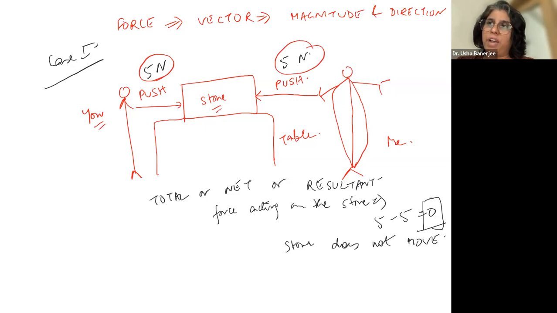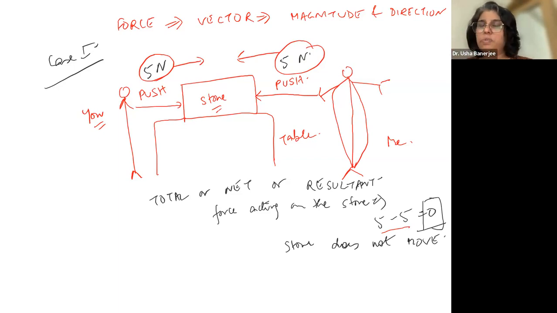I am pushing with 5 Newton force. So the resultant force or the net force acting on the stone, because they are in opposite direction, will be 5 minus 5, which is 0. So the total force acting on the stone is 0, which means that the stone does not move.